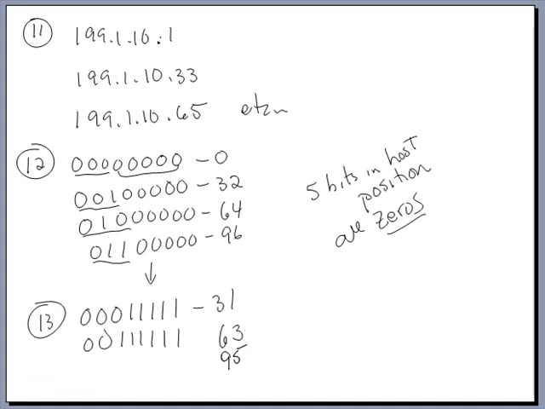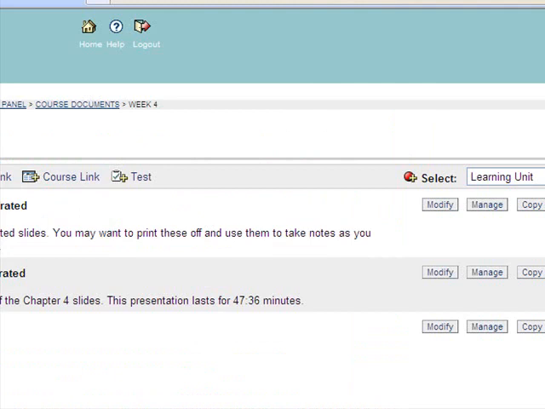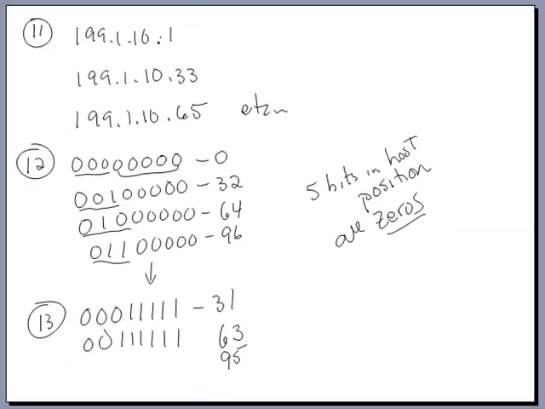So I went online and pulled up a binary to decimal converter calculator, and I put in the number 95, and I press the button, and I get 1, 0, and 5 ones.